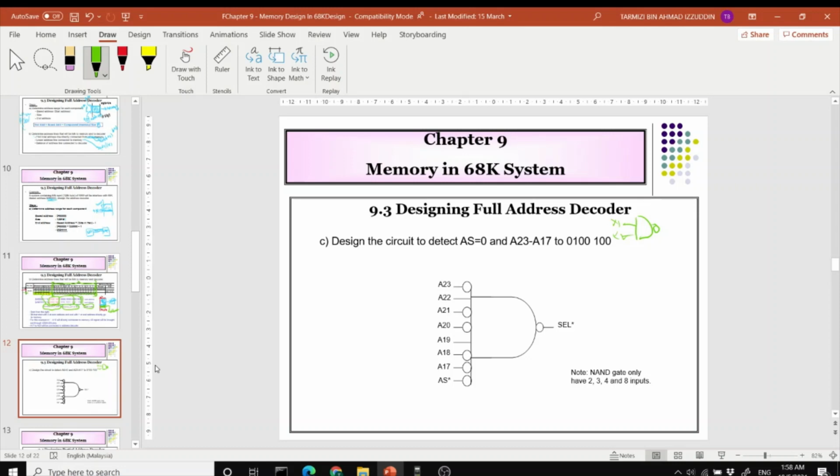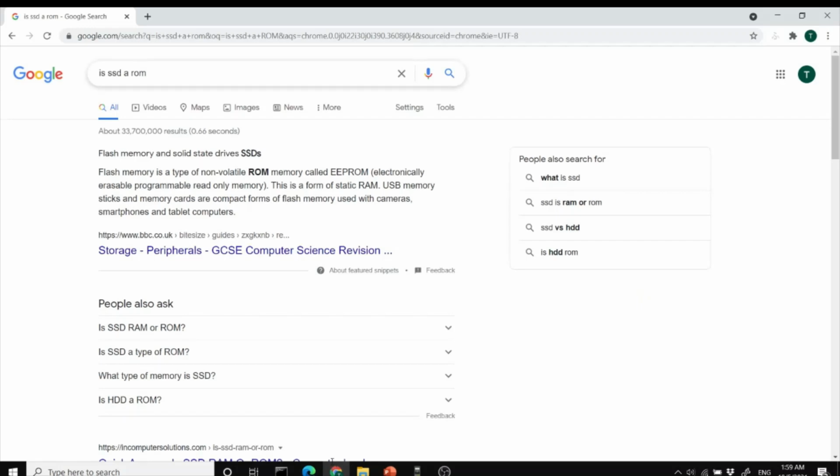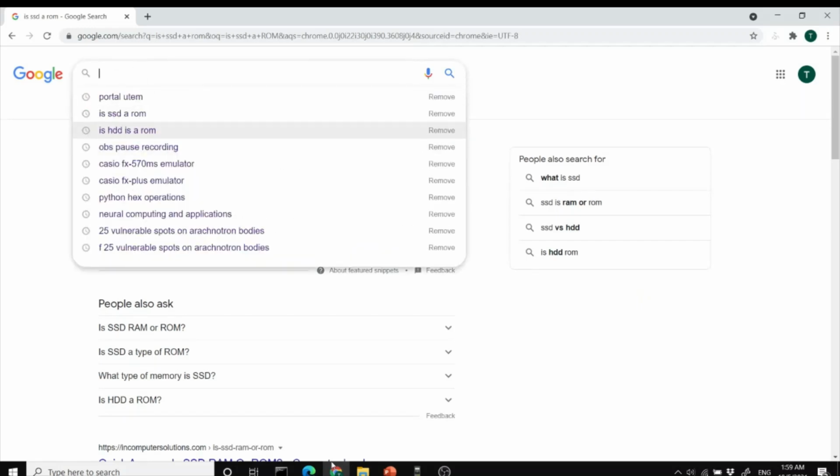For the NAND gate, whenever both of the inputs are 0, your output will be 1, sorry. Okay, let me check again. NAND gate, sorry, I also forgot what the NAND gate does.